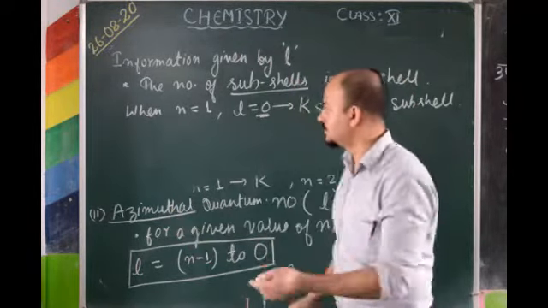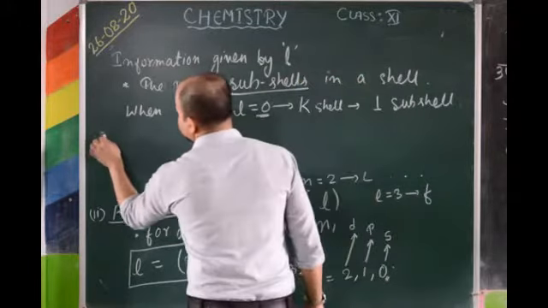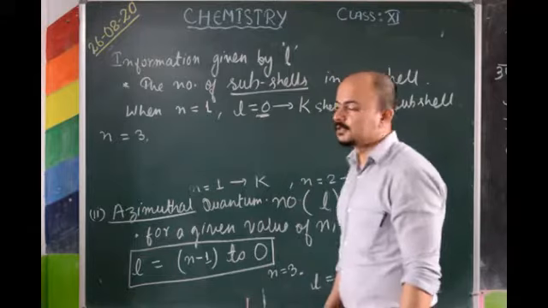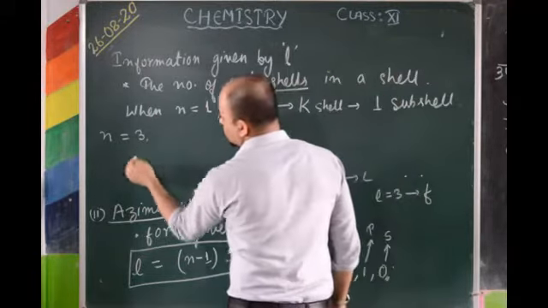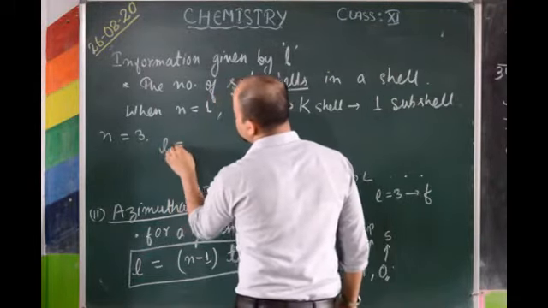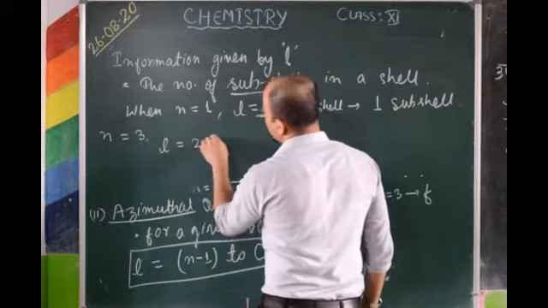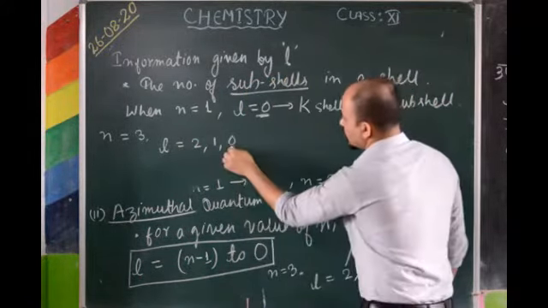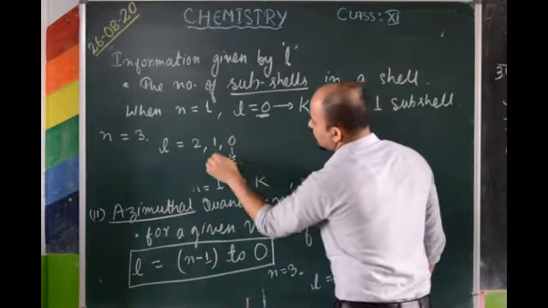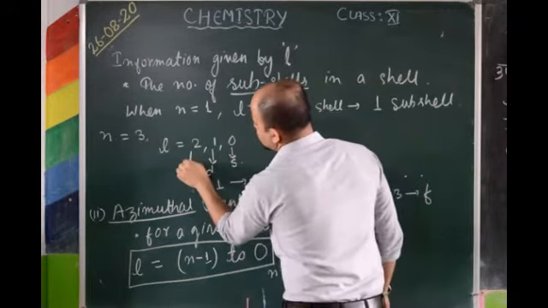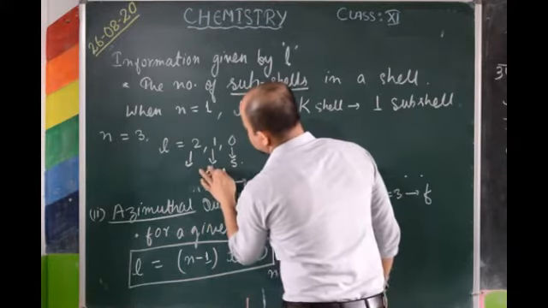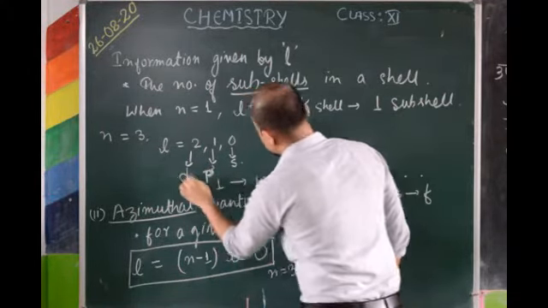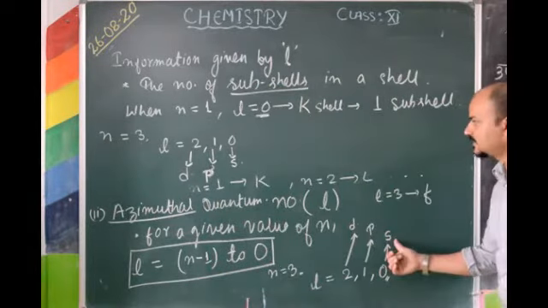For example, suppose you have n equals 3. For this n equals 3, you already know the value of L would be 2, 1, and 0. Yes or no? Now 0, as I told you, corresponds to S, this is P, and this is D, as we have done here.